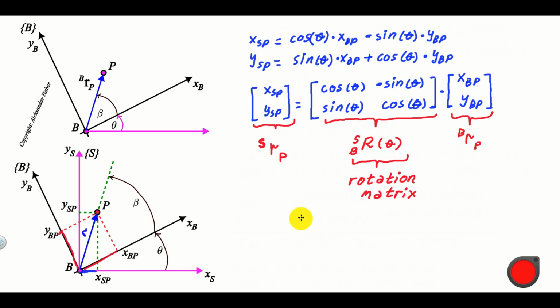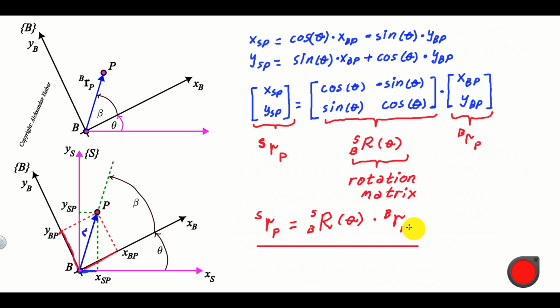And let's write this equation compactly, so we can write RP with respect to S is equal to the rotation matrix that will transform B into S. This rotation matrix depends on theta, and we will have it multiplying RPB. What is the meaning of this equation?